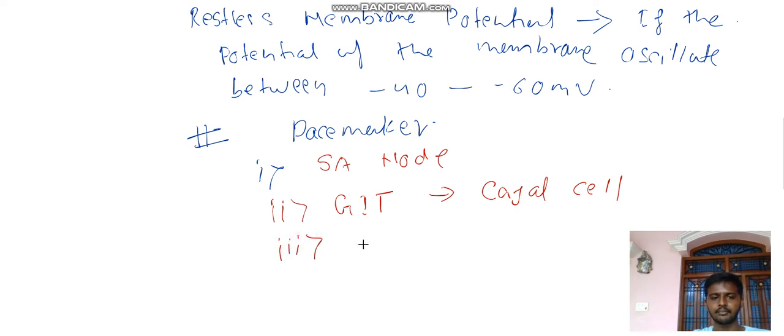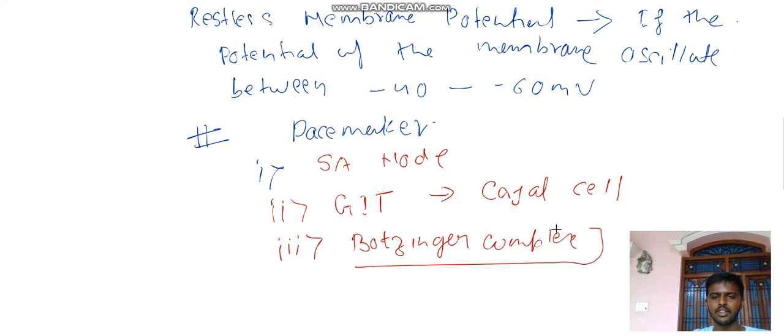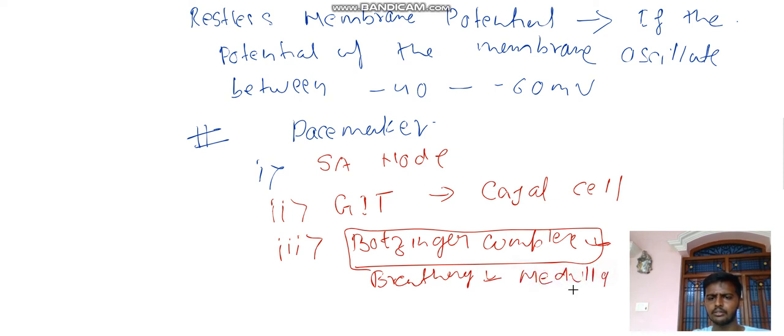And third, the Bötzinger complex. Where will we find this Bötzinger complex? This is basically related to breathing. This is found in the medulla region of the hindbrain.